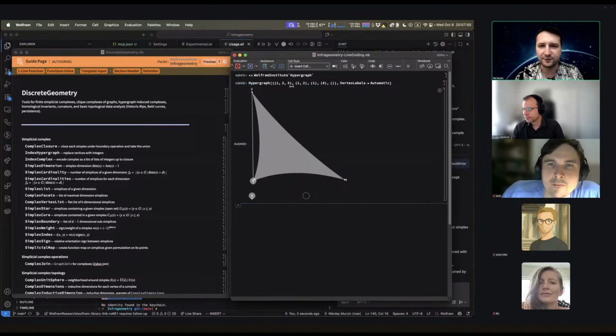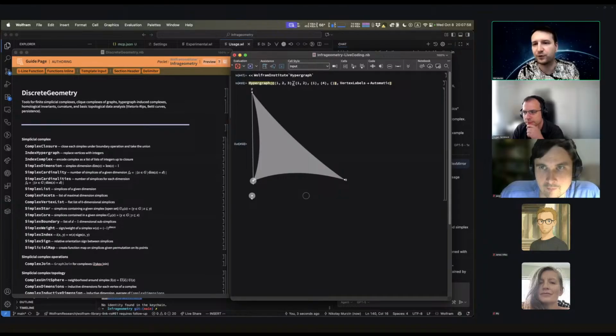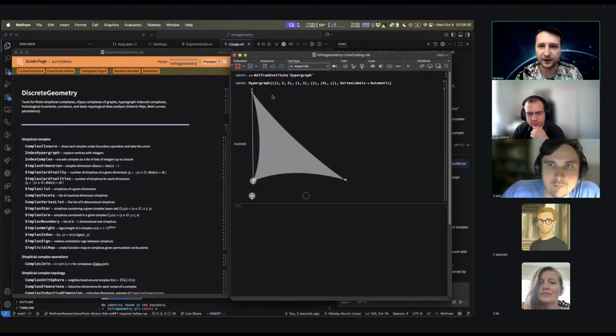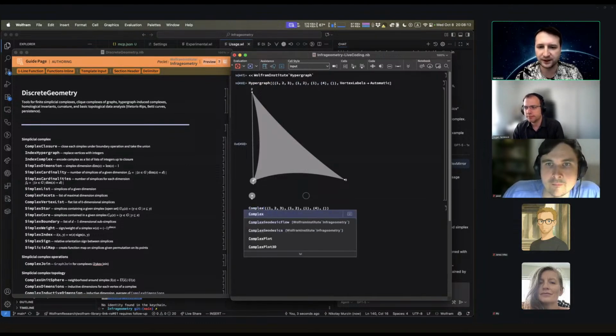But without any additional structure, it's really hard to do something useful if you have a large hypergraph. How do you define topology and open sets and geodesics and curvature and things like that on the hypergraph? So that's why we have an idea of a complex. A complex is basically, we should think of it as a closed hypergraph.